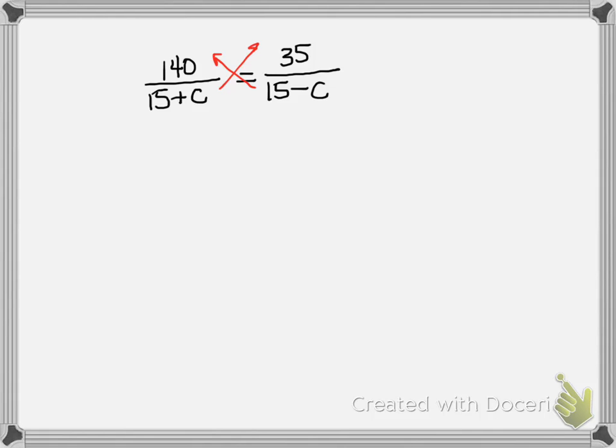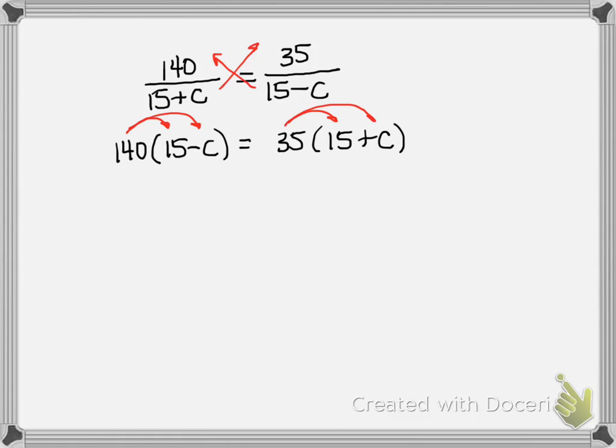When we cross multiply, we get 140 times the quantity 15 minus c equals 35 times the quantity 15 plus c. We will use the distributive property and get 2,100 minus 140c equals 525 plus 35c.